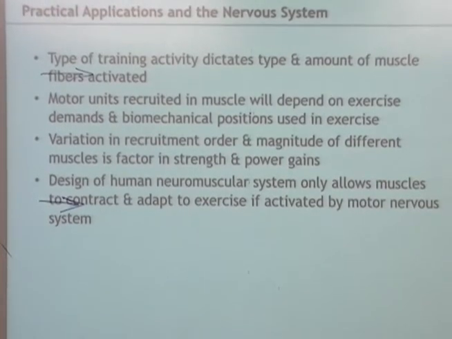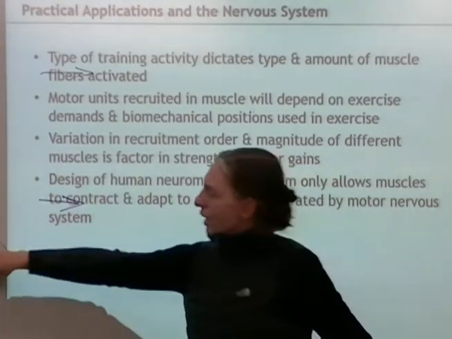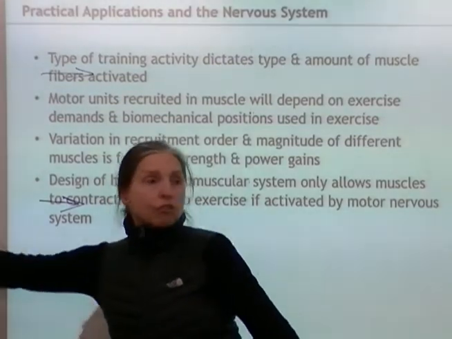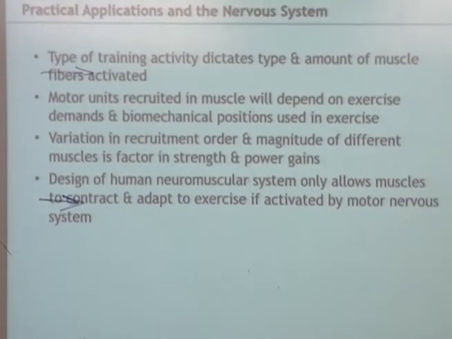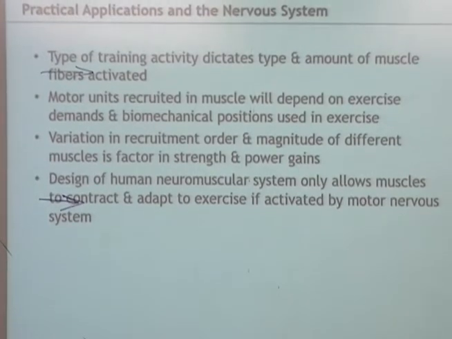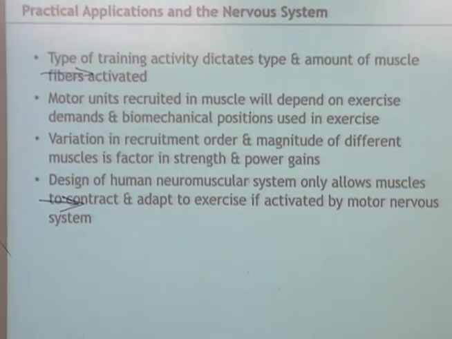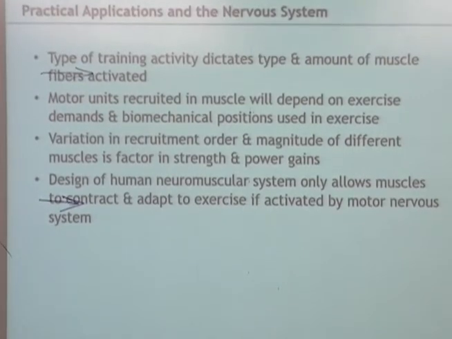So the type of training that I do is going to dictate which and how many muscle fibers are activated at any one time. And which motor units I need to turn on is going to rely upon what the exercise is that I'm doing, what the demands of the exercise are, what the biomechanical positions are.